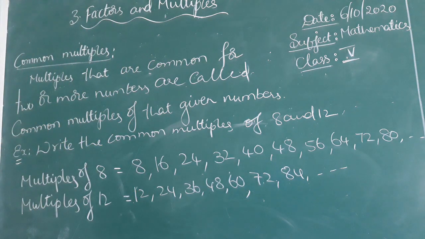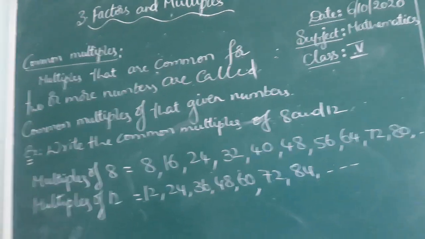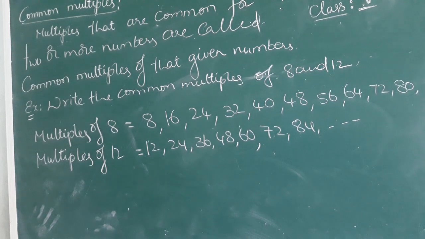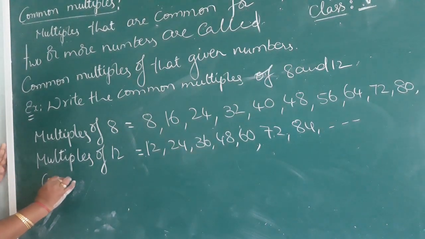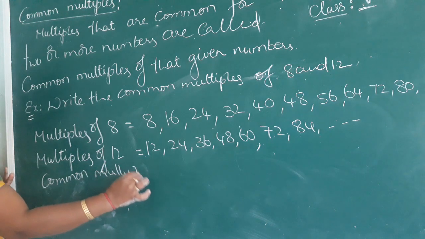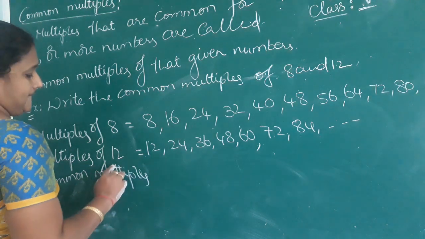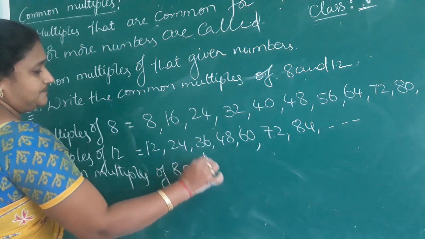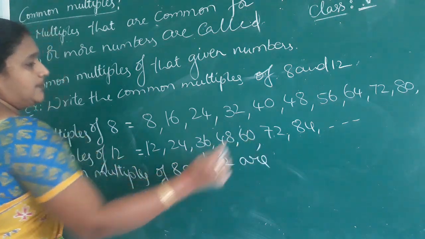Now what does the question ask us? Write the common multiples of 8 and 12. What are the common multiples of 8 and 12?